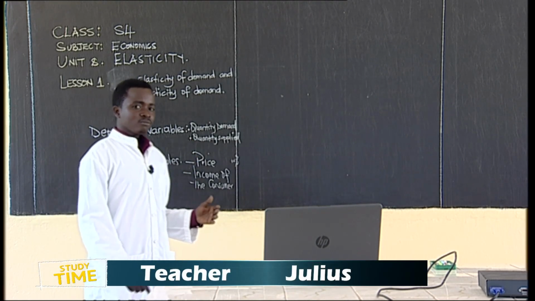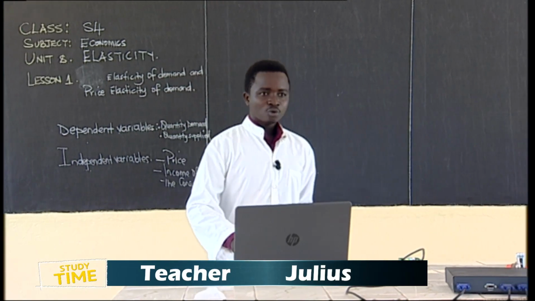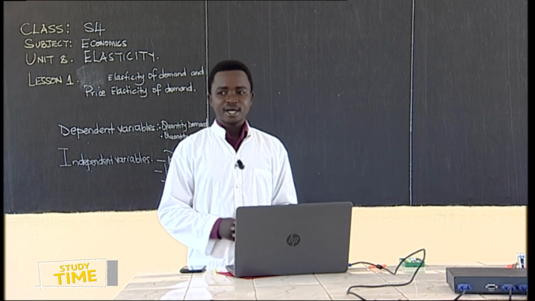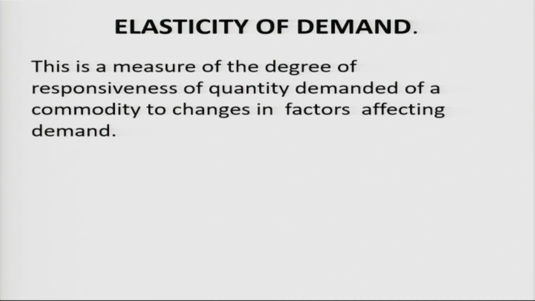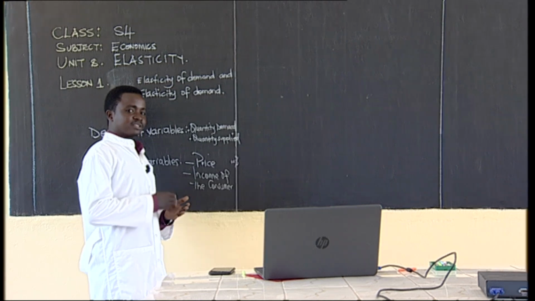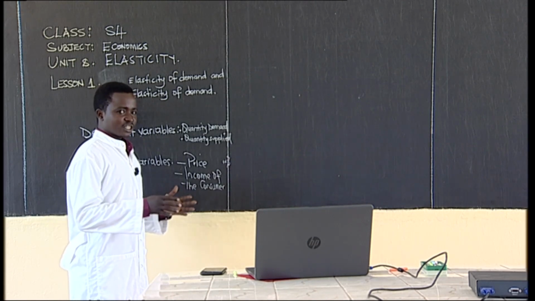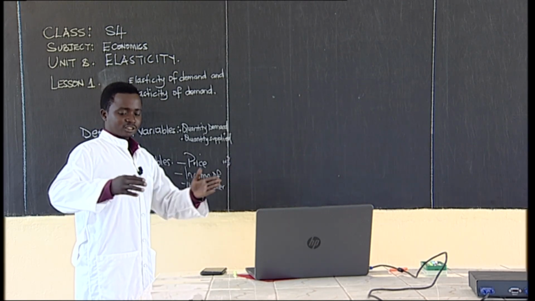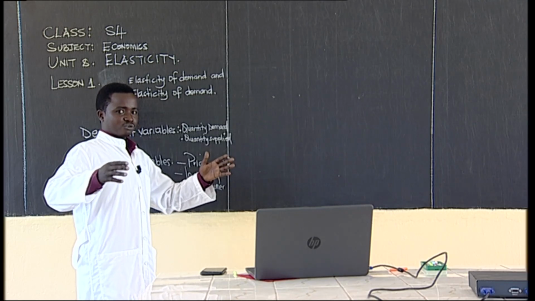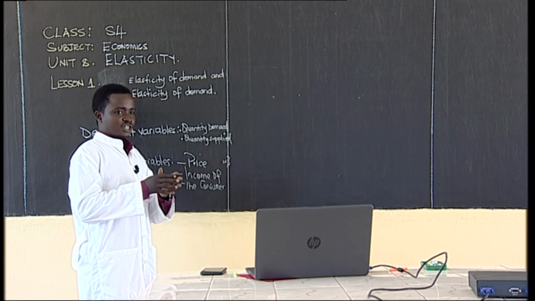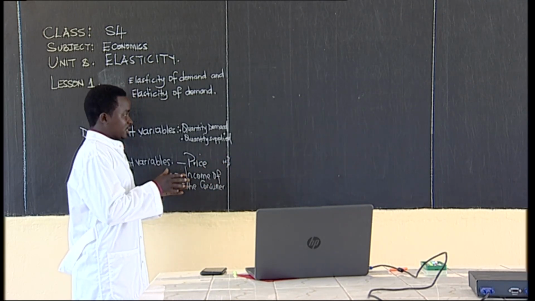Now, from there, we need to know elasticity of demand. We need to know change in demand. Something which is elastic, like a rubber, has that elasticity. It can change if you stretch it, then if you remove the force, it can contract, it can reduce in size.